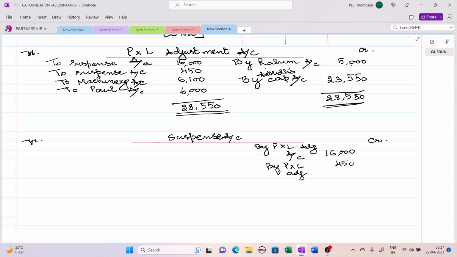So the total comes to 16,450. Because on this side there is no balance, this will be transferred to Anirudh's capital account, 16,450.